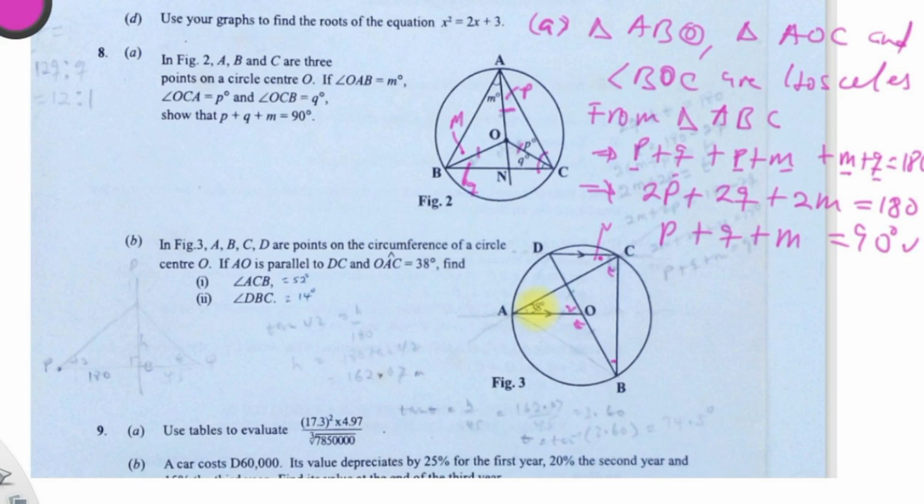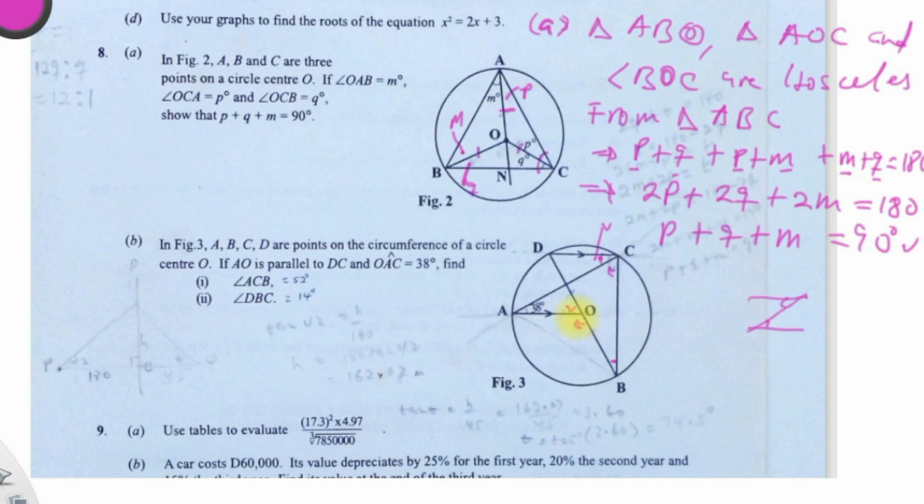If these two lines are parallel, then line AC is a transversal, so this angle here must be equal to this angle. The alternate angles I've shown you before. You have two parallel lines like this, so this angle is equal to this angle. The alternate angles are equal.